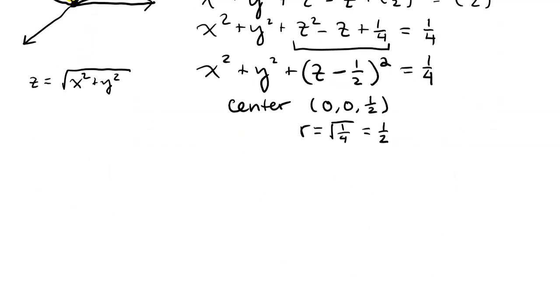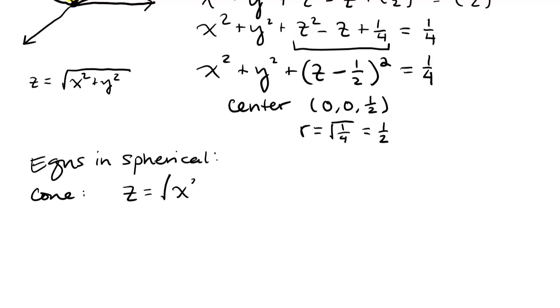Let's take a look at these equations in spherical. Let's look at the cone first. Our cone was z equals the square root of x squared plus y squared.